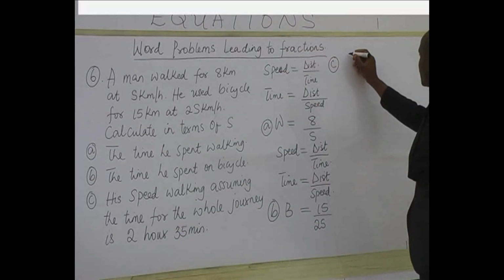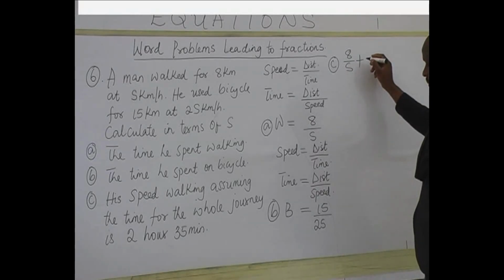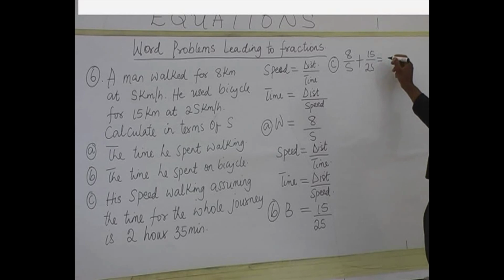So we have 8 all over s plus 15 all over 2s is equal to 2 hours 35 minutes, which means 2 whole number 35 all over 60 hours.